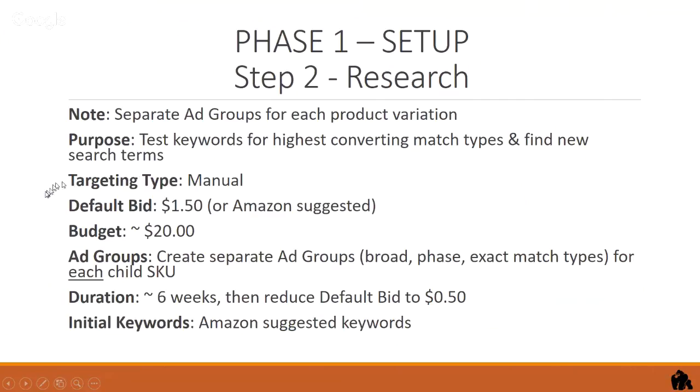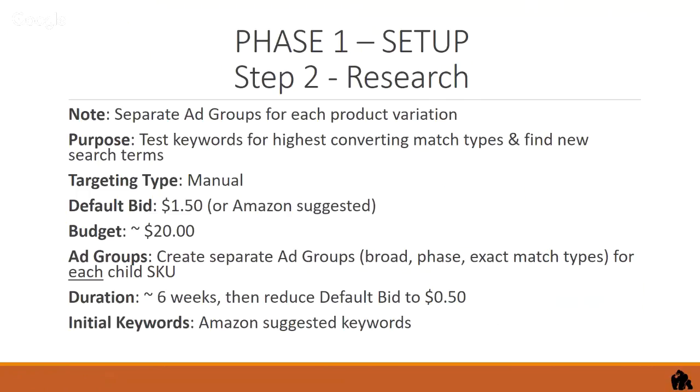So the default bid here now has gone up from 75 cents to $1.50, or whatever the Amazon suggested bid is. Like we saw previously on our automatic campaign, it was showing suggested bid at 63 cents. We were at 75 cents, so we're okay there.